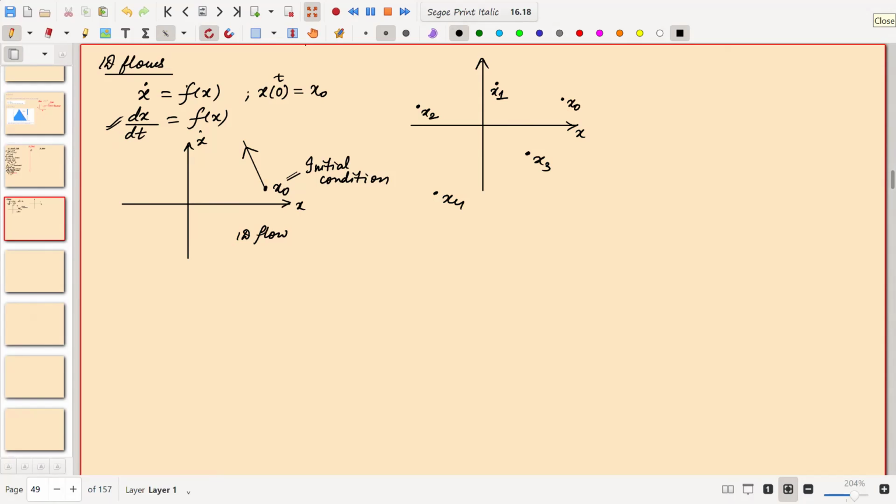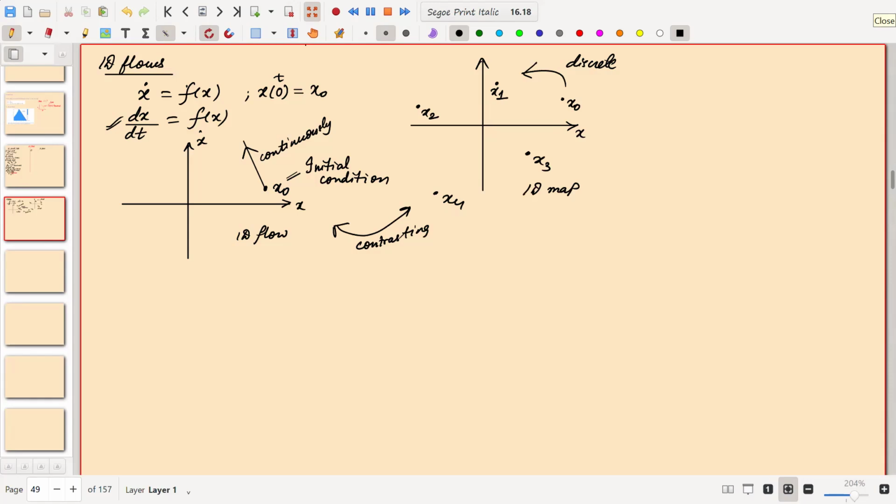It is rather a discrete jumping of points. So this is a 1D map. You can see the contrasting feature between those two. Here it moves continuously, whereas here it moves discretely. So that's the difference between the 1D map and flow.